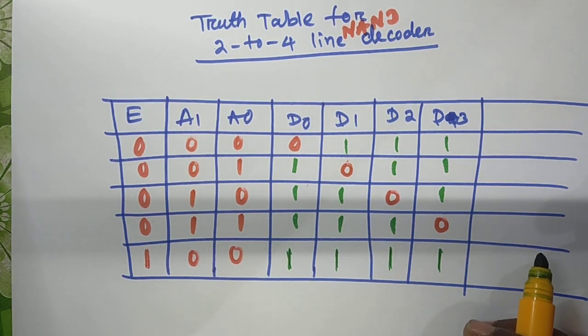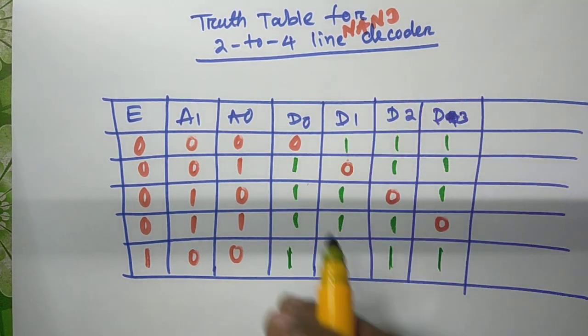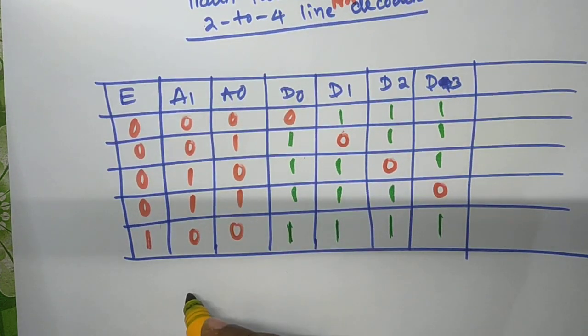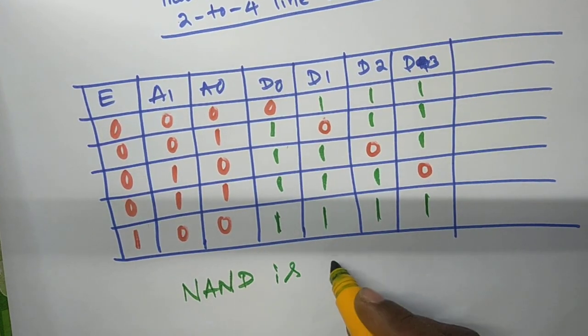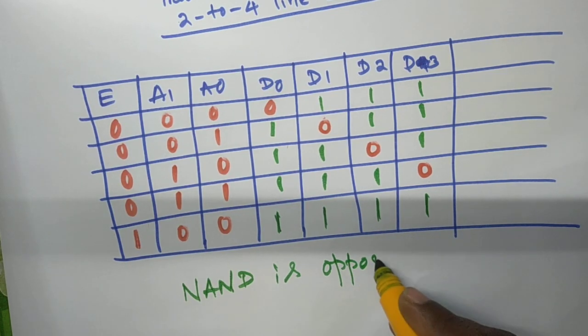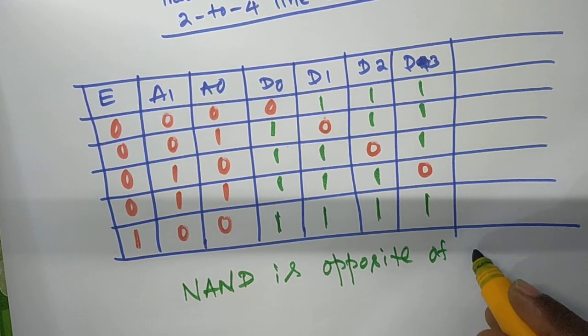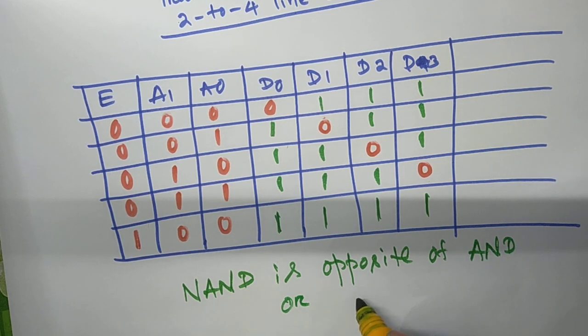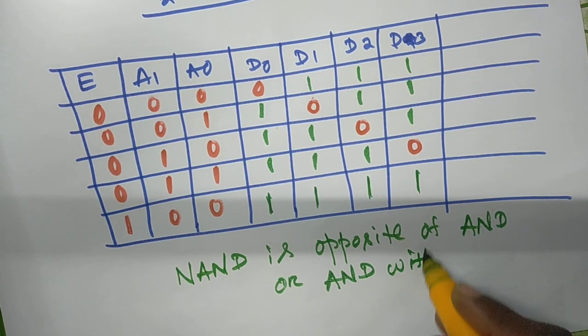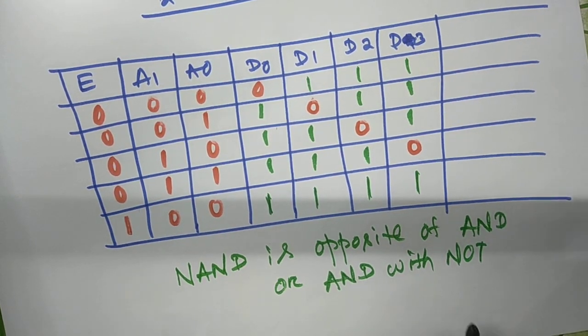Since it is the reverse case of the AND gate, we get the reverse truth table values. NAND is the opposite of AND, or we can write it as AND with a NOT.